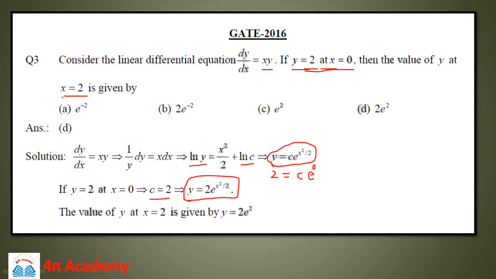Now you have to find the value of y at x is equal to 2. So let us substitute the value of x as 2. We get y is equal to 2 times e raised to power 2 square by 2, that is 4 by 2, so it will be 2, and therefore the answer is 2 into e square. So the correct answer is D, which is 2e square.